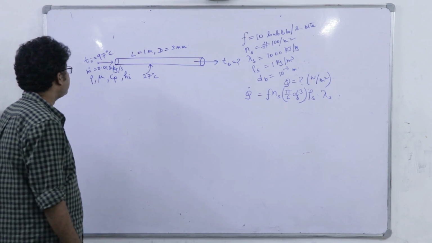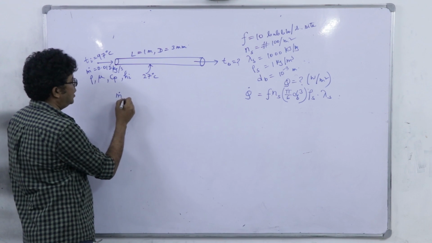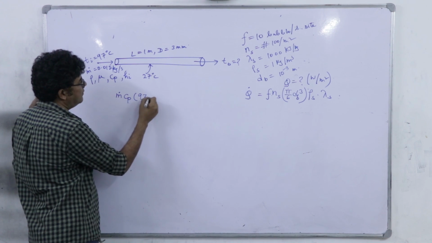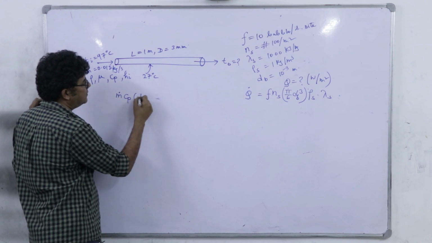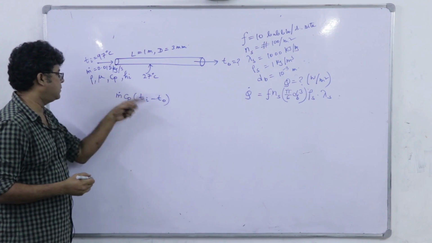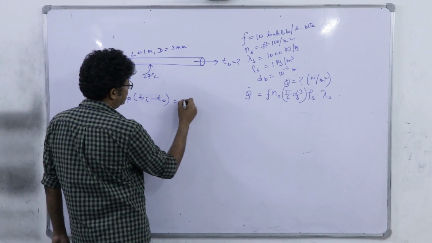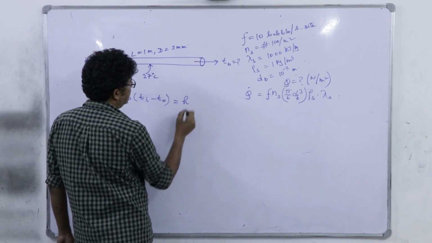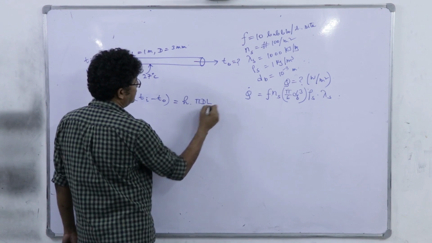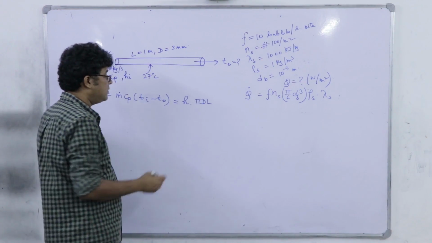So, you see there will be heat loss, and we can write m dot into Cp into Ti minus To. m dot is given, Cp given, Ti minus To, that is basically q dot, and we know that is equal to H into this area, that is pi into capital D into L, into LMTD, because the temperature is progressively changing.